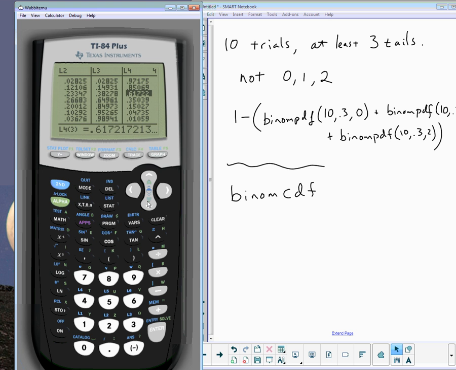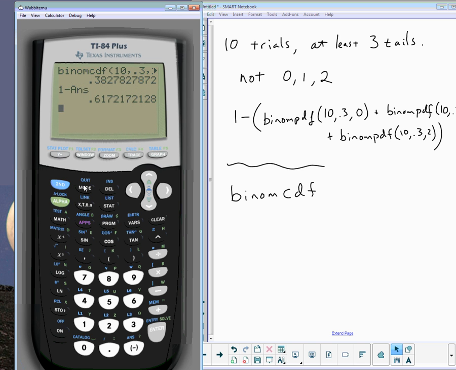So we didn't want 2, we didn't want 1, and we didn't want 0. So we do 1 minus it, because it's all of the probabilities except for them. Do we see how I made that?